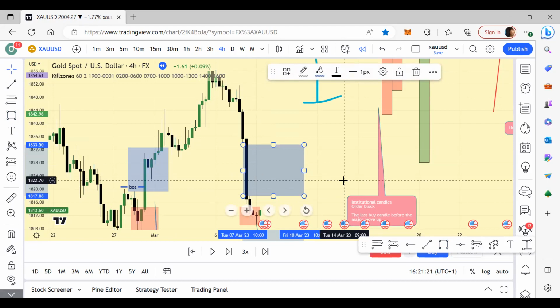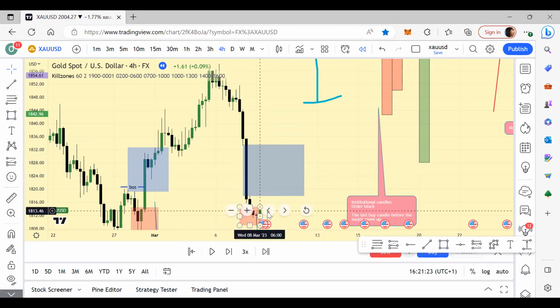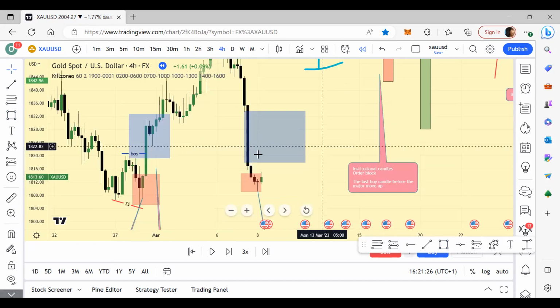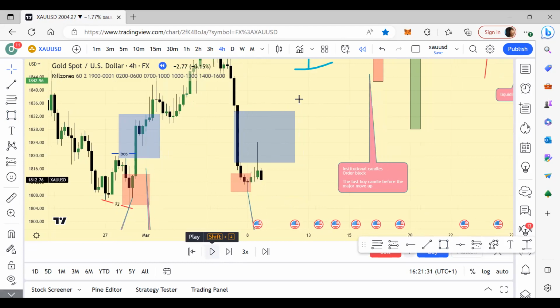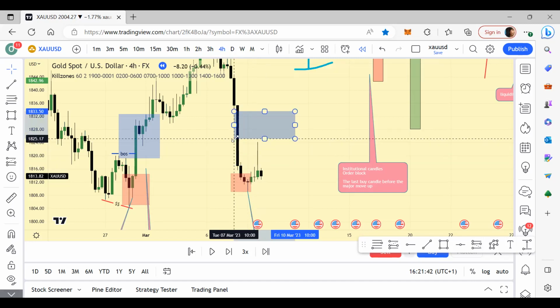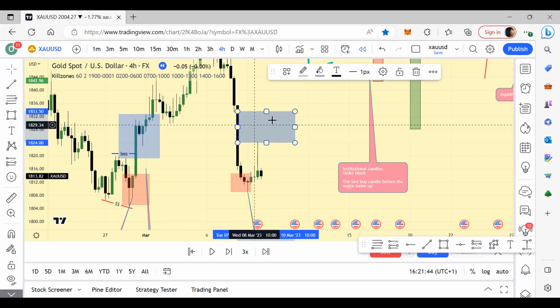You don't see any other candle entering this area as of yet. Now, price has entered into this area, so we can't say this whole thing is an imbalance anymore. It will only be this area that price has not entered that is still the imbalance. Does that make sense?